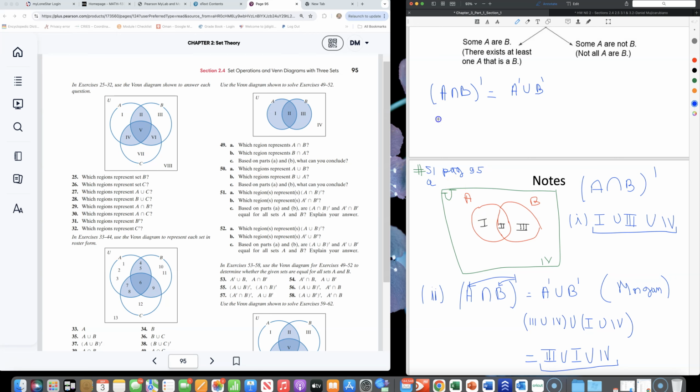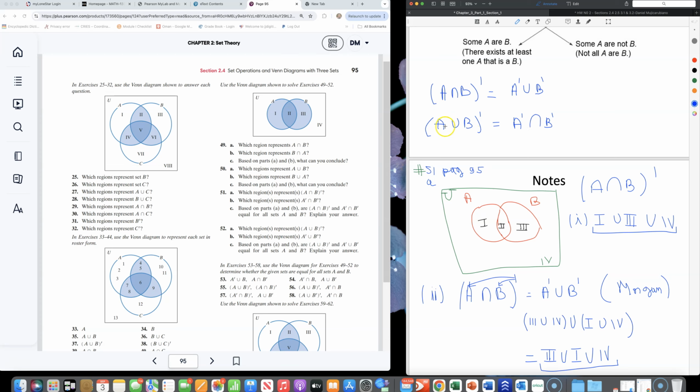If you have the complement of the union, you distribute the complement operation to each one of them, A complement and B complement. But now, if you have union here, this is going to change to intersection.